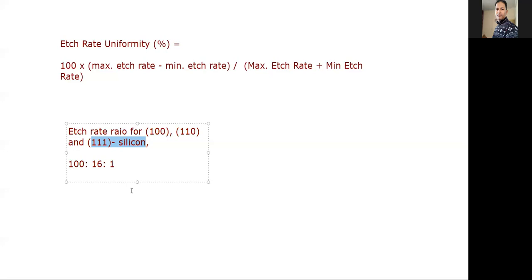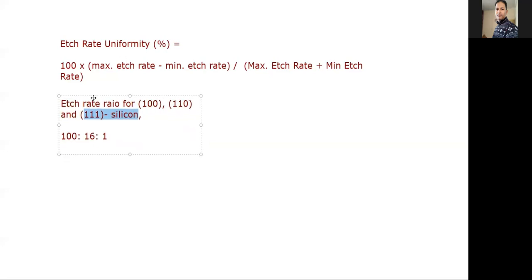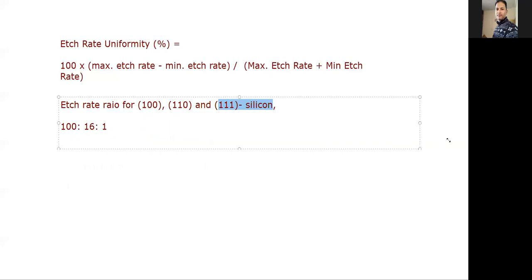So it is important to note that the etch rate is not only dependent on the etchant's concentration, it also depends on the temperature of the etchant, and very interestingly, the etch rate is a function of the surface, that is, the crystal orientation of whatever surface you are trying to remove. This is one point to note down.